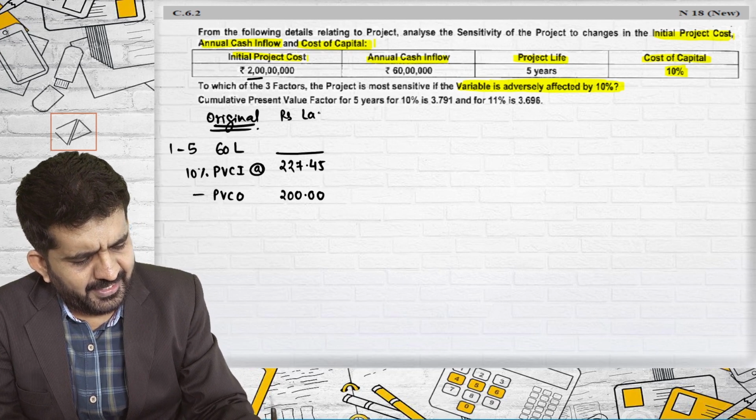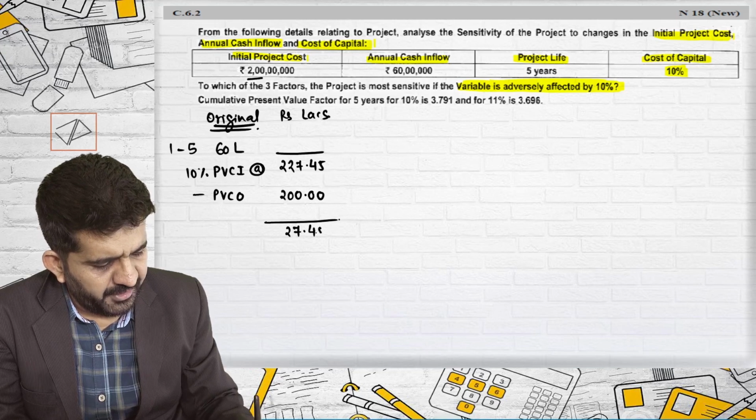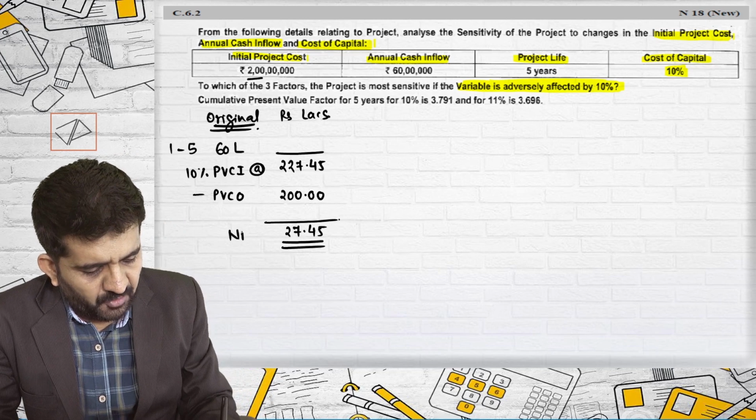Rupees are in lakhs. This will be 27.45. So this is the original NPV of the project.